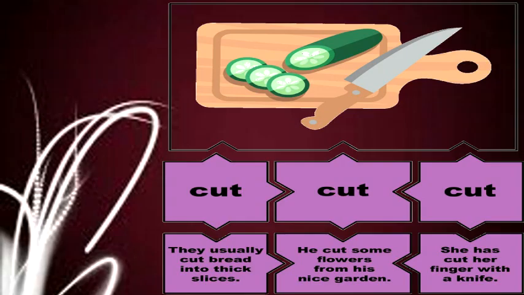The third sentence is, she has cut her finger with a knife. What is the tense? You're right, the tense is present perfect tense, in which we are using the third form of the verb. Cut, cut, cut. All the three forms remain the same.